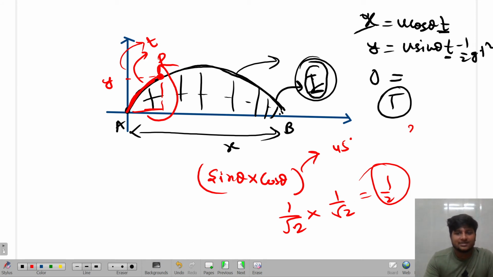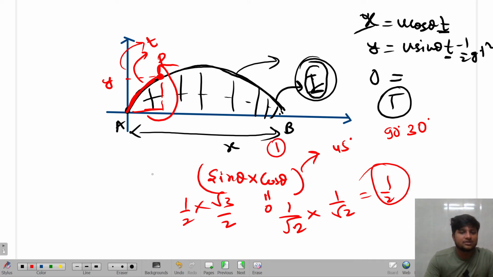If you take other angles, like 30, sin 30 is 1 by 2, while cos 30 is root 3 by 2. If you take 90, cos 90 is 0, sin 90 is 1, so the value becomes 0. If you take 0 degree, sin 0 is 0 and cos 0 is 1, so again it becomes 0.